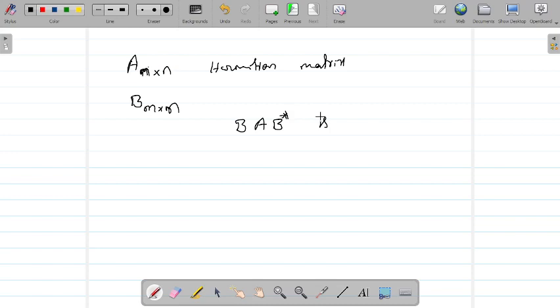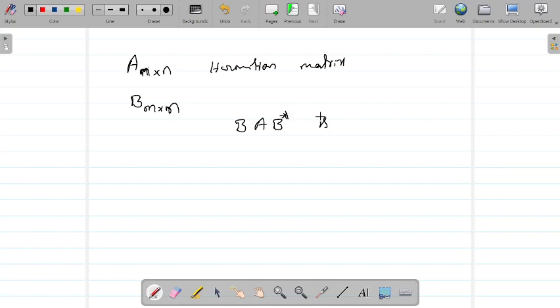Can I have a Hermitian matrix where you have this entry? We want A star equal to A. It means when you take the conjugate, that must be equal to this. So here you'll have only real entries.